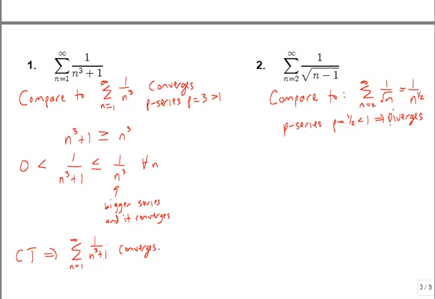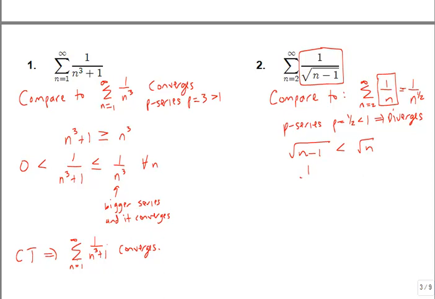So now let's compare this series, the known one, to the unknown one, and we want to establish an inequality relationship between the two. So if we look at our denominators, we're trying to compare the square root of n minus 1 to the square root of n. So the square root of n, if you subtract 1 from that, that's going to make it get smaller. So the square root of n minus 1 must be smaller than the square root of n.